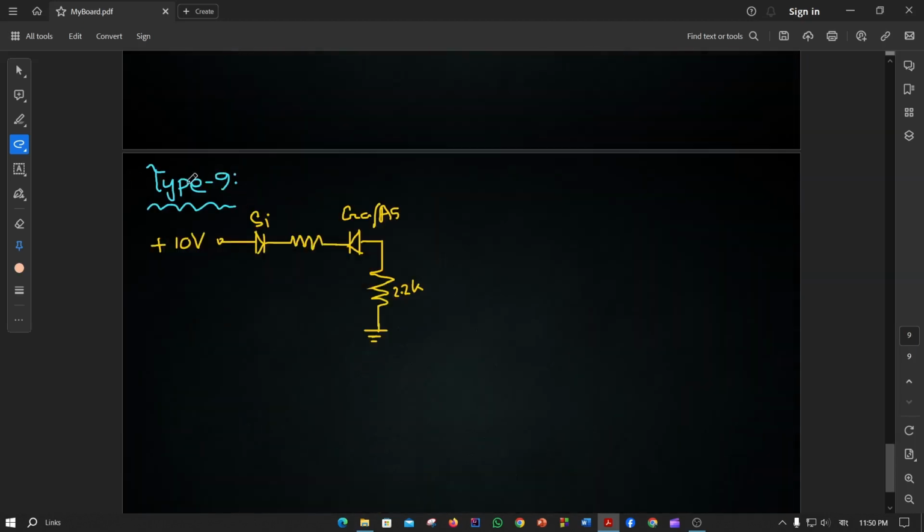So this is our last diode. I just make the alternative circuit. 10 volt. The silicon is forward bias, that's why the diode is on. And the resistance is the same here.